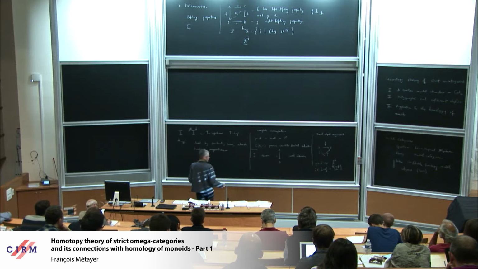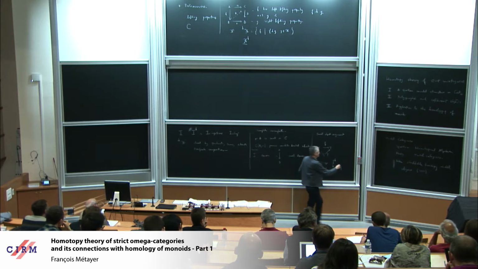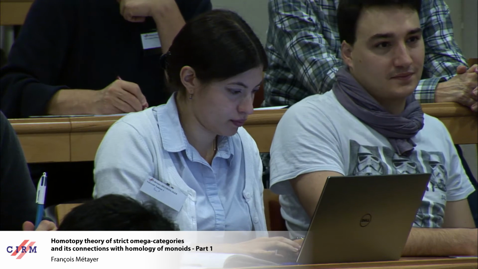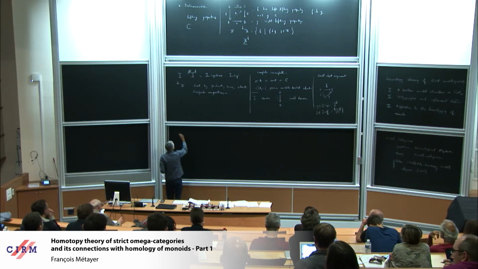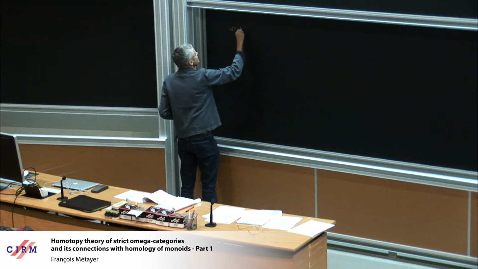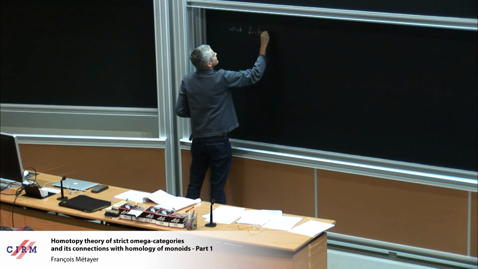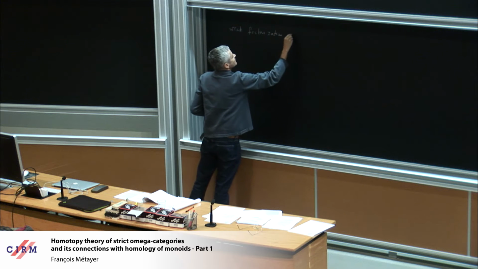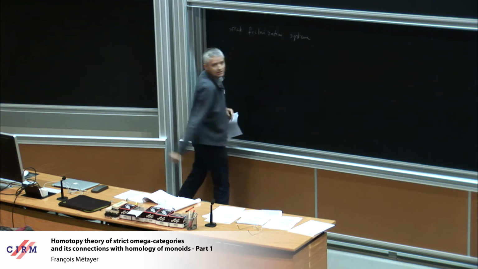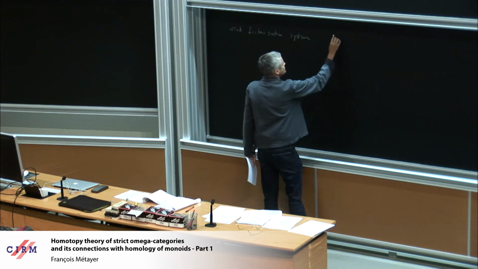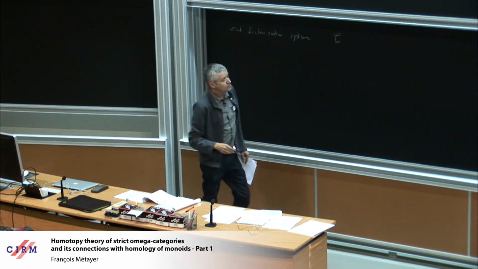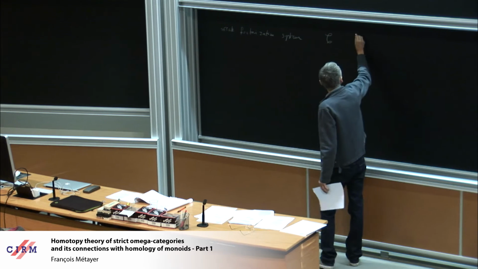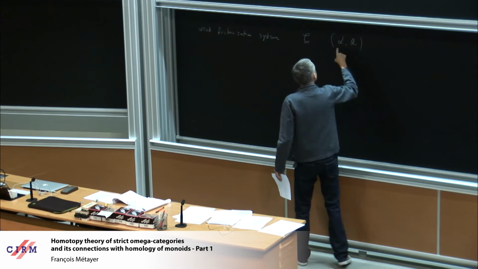Now, one more general notion: weak factorization system. You take a category C and two classes of morphisms, left and right.